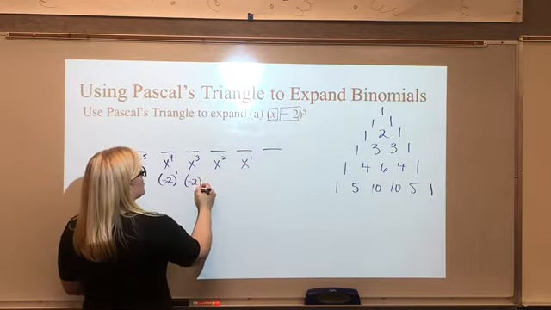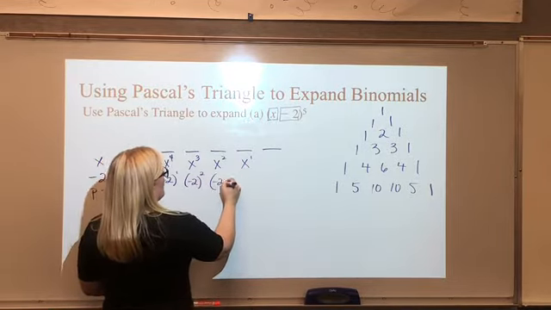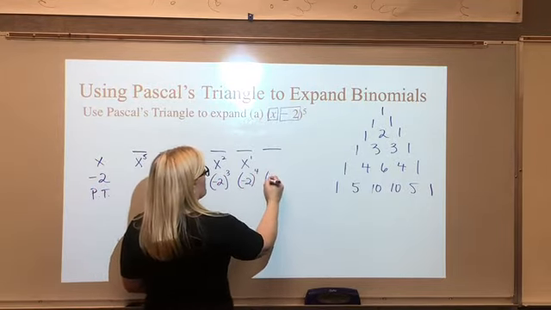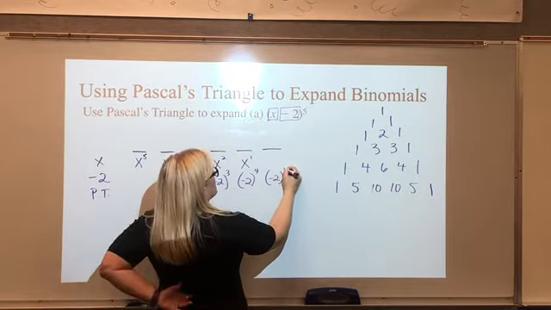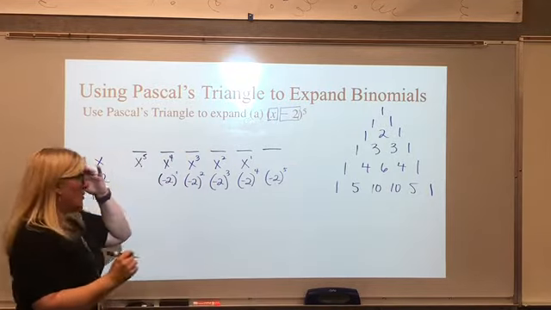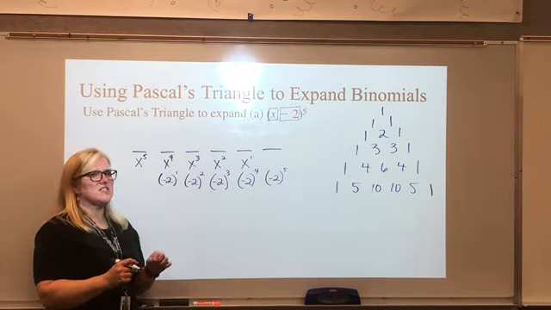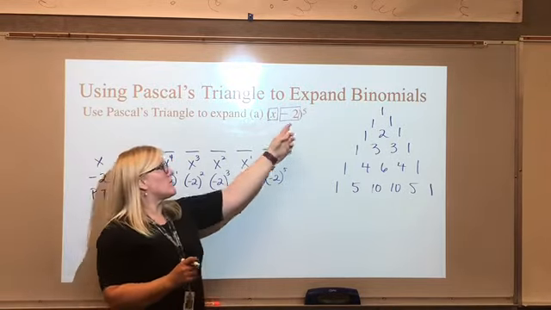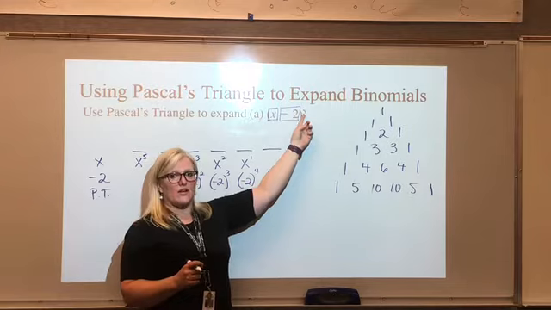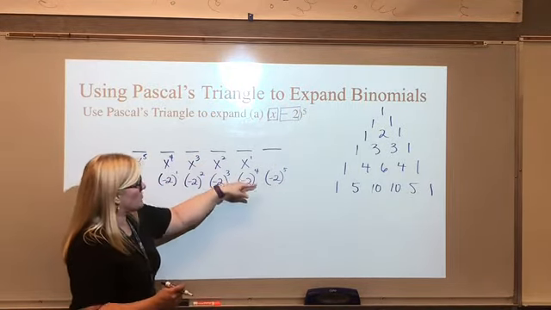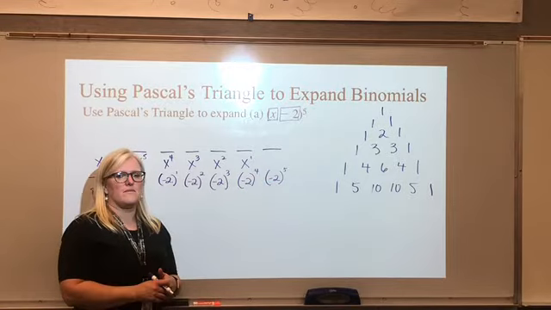Then I have -2 to the 2nd power, -2 to the 3rd power, -2 to the 4th power, and -2 to the 5th power. Now one thing I want you to notice is that the exponents will always add up to the exponent here. So here's 5, here's 4 plus 1, 3 plus 2, 2 plus 3, 1 plus 4, and 0 plus 5.